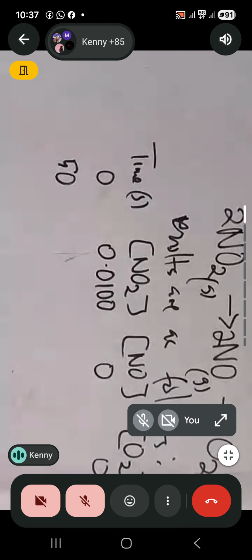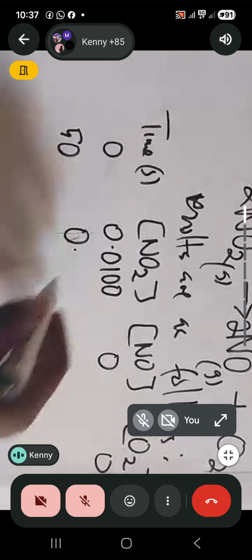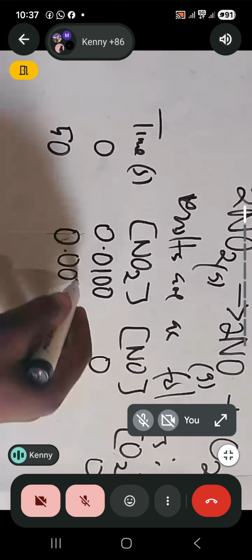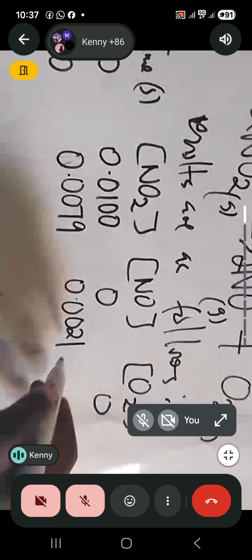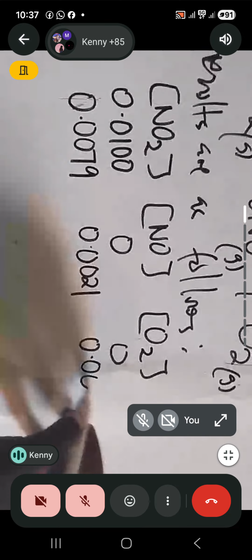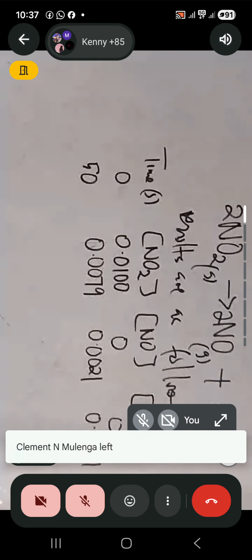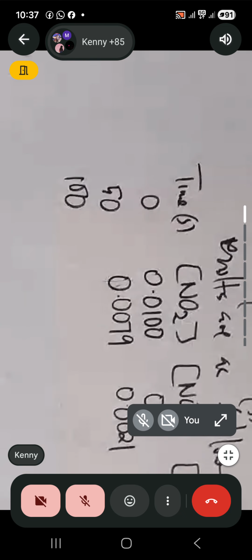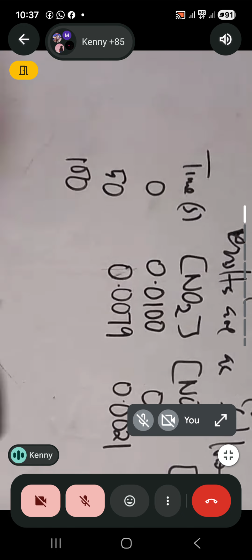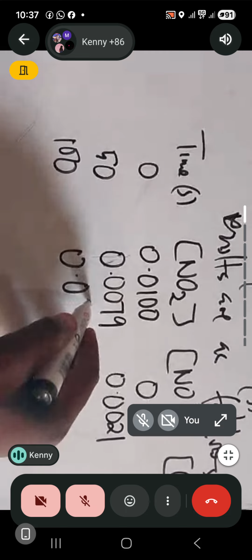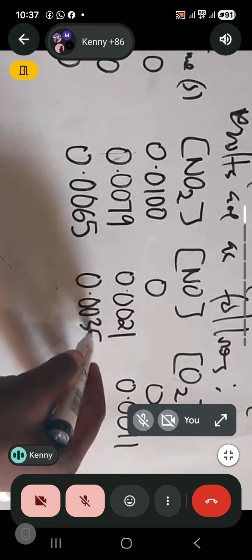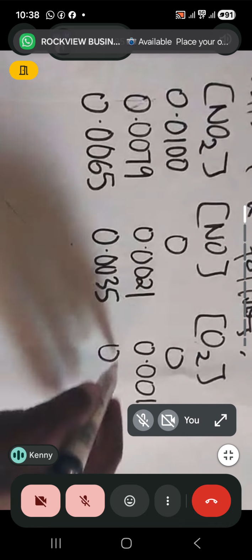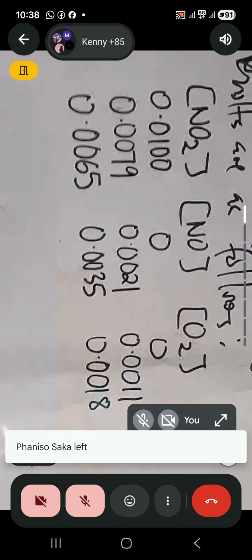After 50 seconds, the concentration of NO2 is 0.0079, the concentration of NO is 0.0021, and the concentration of oxygen is 0.0011. Then at 100 seconds, the concentration of NO2 is 0.0065, NO is 0.0035, and oxygen is 0.0018.